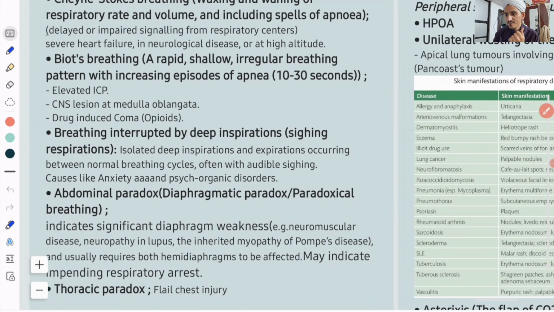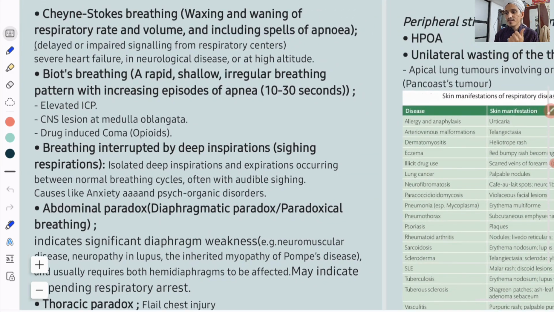This is nothing but the rhythm of breathing. Like you remember in the pulse, you see rhythm: regularly regular and irregularly irregular. Something like that.